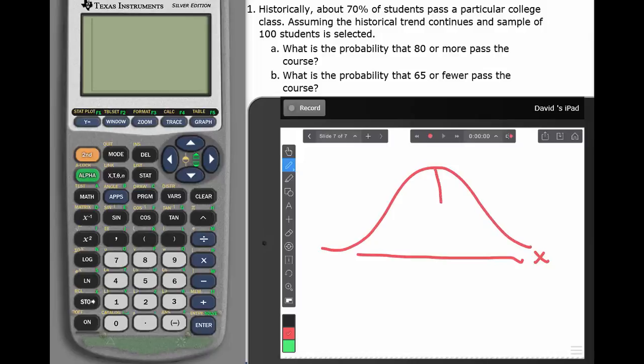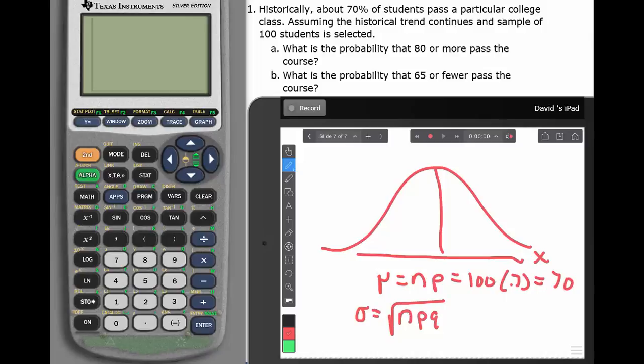And it does so with a mean equal to np, which in this case is 100 times 0.7, or 70, and with a standard deviation equal to the square root of npq, or the square root of 100 times 0.7 times 0.3, or about 4.58.